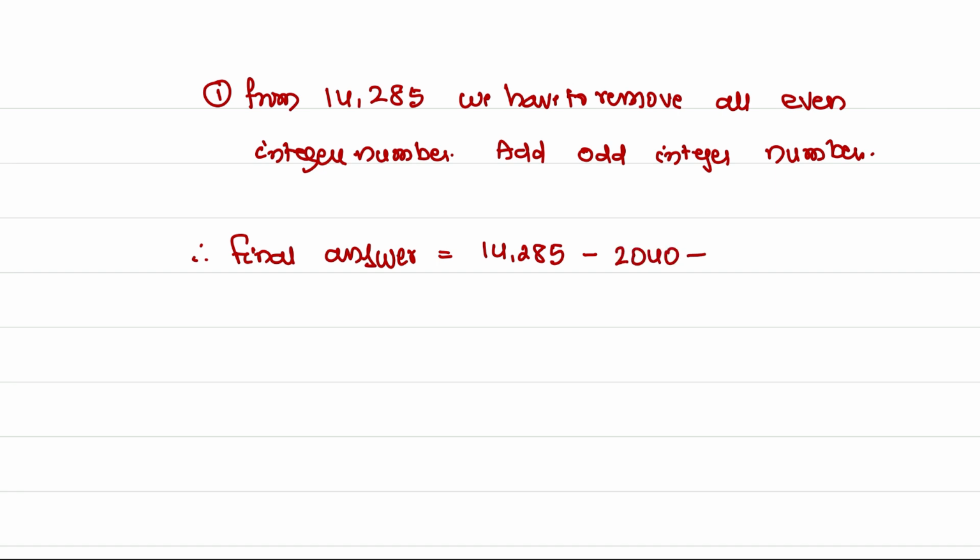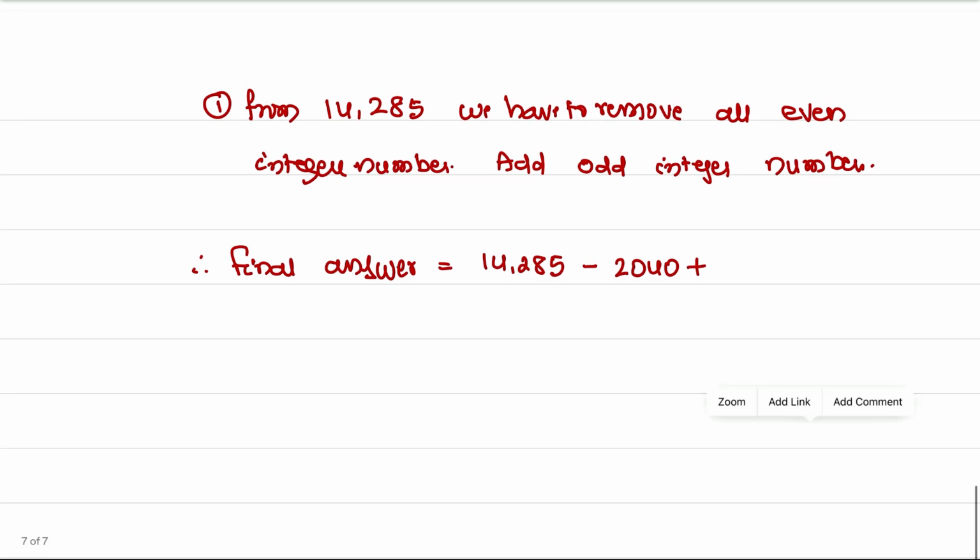Then we will add, because 7 square we have taken out, then we have to add the 7 cube integers, that is 291, sorry, and take out again 7 to the power of 4.